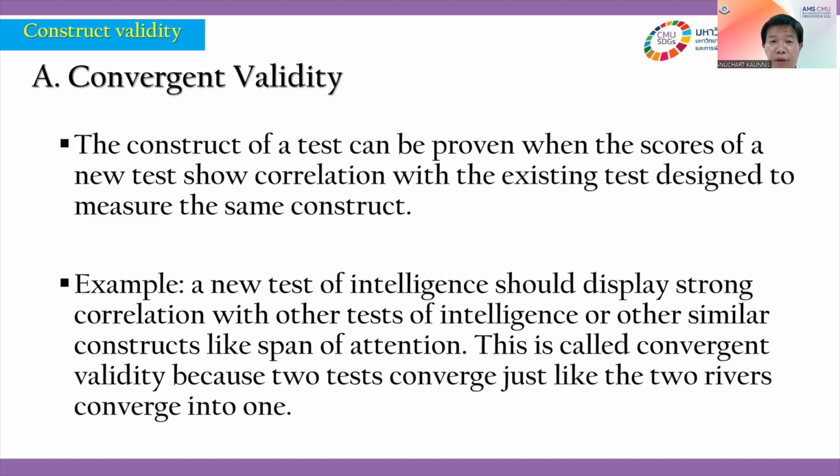For example, IELTS and TOEFL show some convergent validity. Sometimes they are similar, but some parts are not. But based on the theoretical concept, a human can listen, speak, read, and write, which is based on how humans use language.